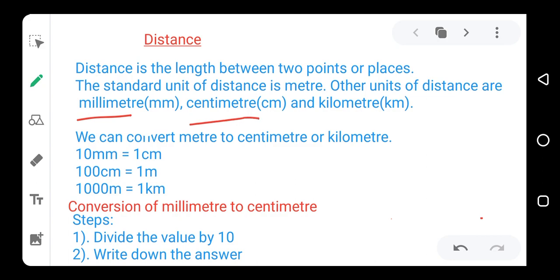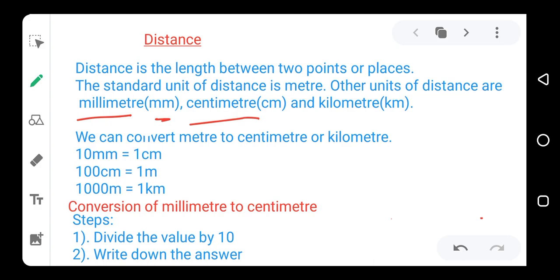Centimeter and millimeter. The abbreviation for centimeter is cm, and the abbreviation for millimeter is mm. These two are used when the length you are measuring is very, very small, like when you want to measure the length of your finger, or the length of your toe, or the length of a very small thing.